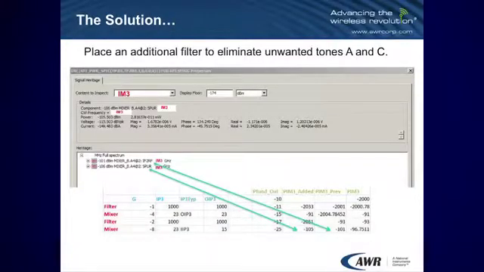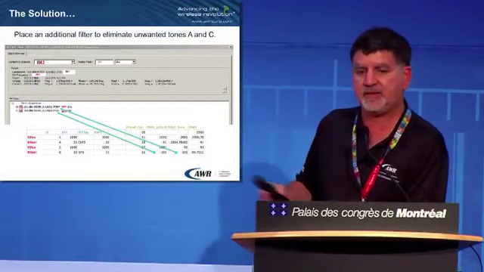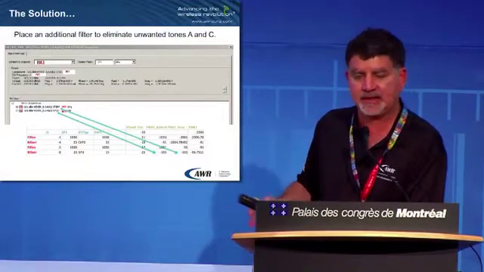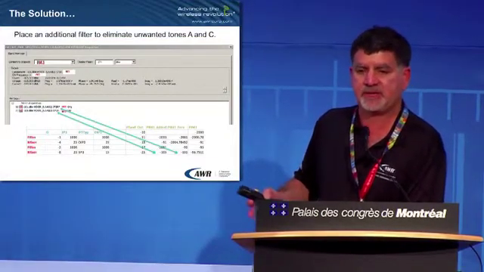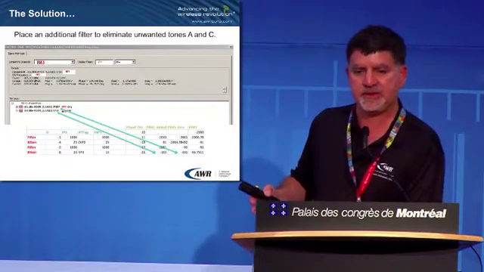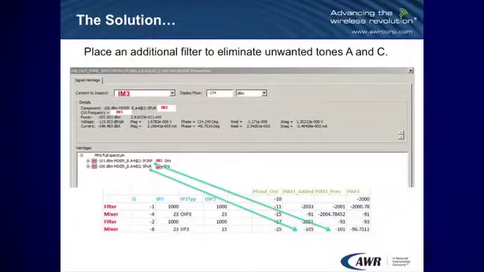It said, why don't we place a filter to eliminate unwanted tones? We put a filter at that point to eliminate any of the tones, A, B, and C. We can't eliminate the LO, but once we suppress one of those tones, A, B, or C, we can get exactly what the spreadsheet says: minus 101 from the previous, and we get in VSS minus 106.